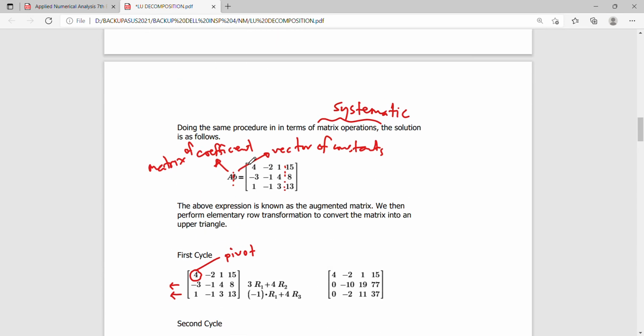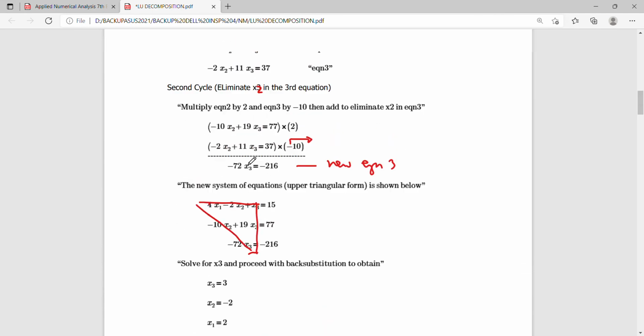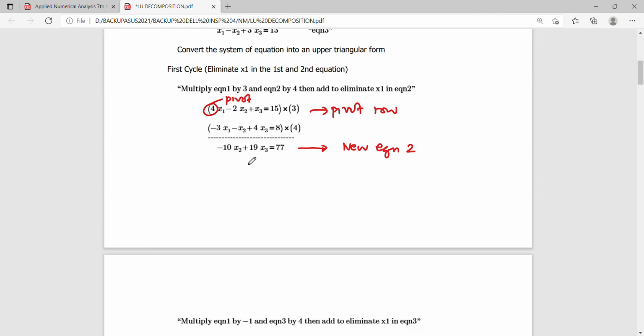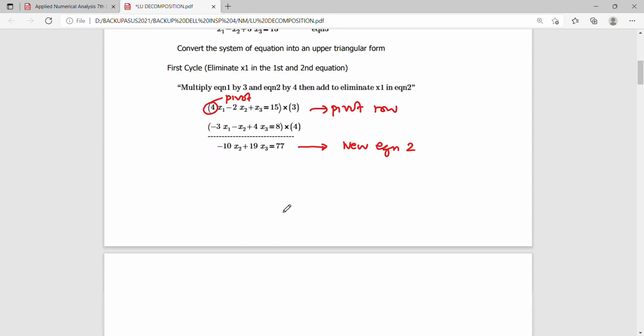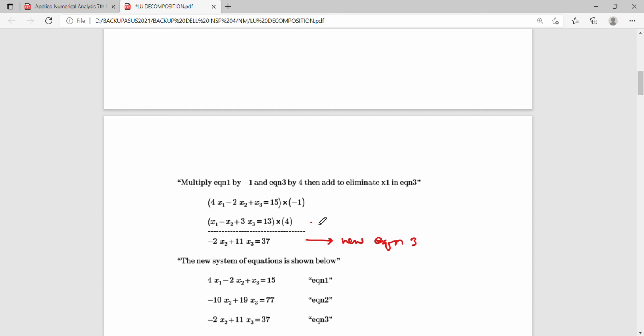So if we take a look at the second step here, this is 4 times the row in question, which is R3, and this is negative 1, R1. Still, you are here on the pivot row.